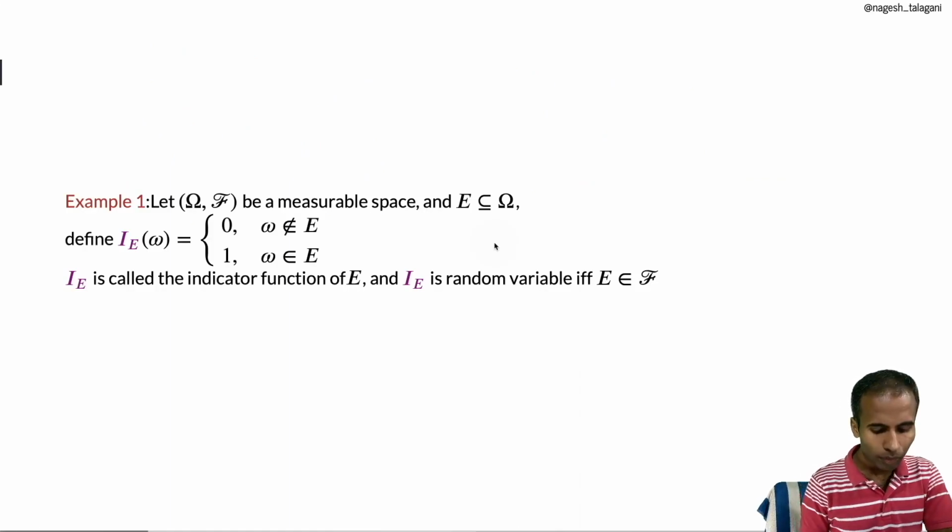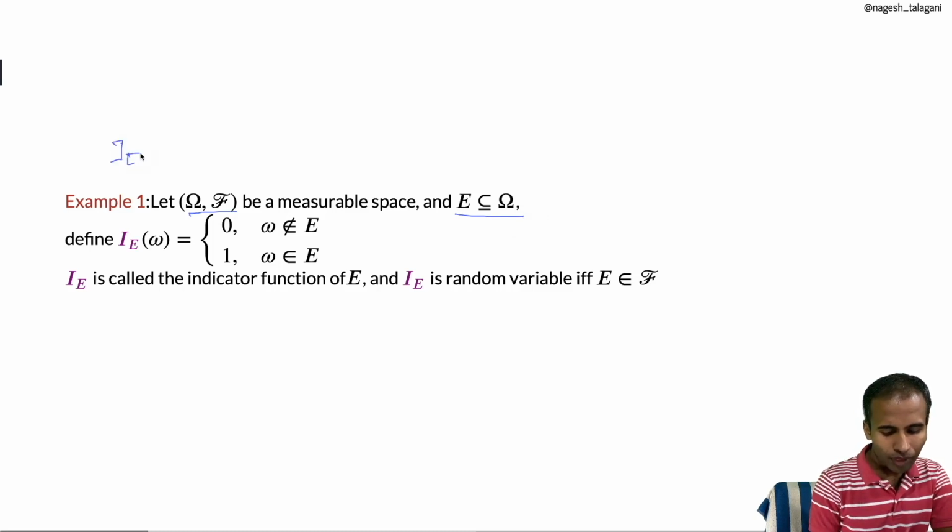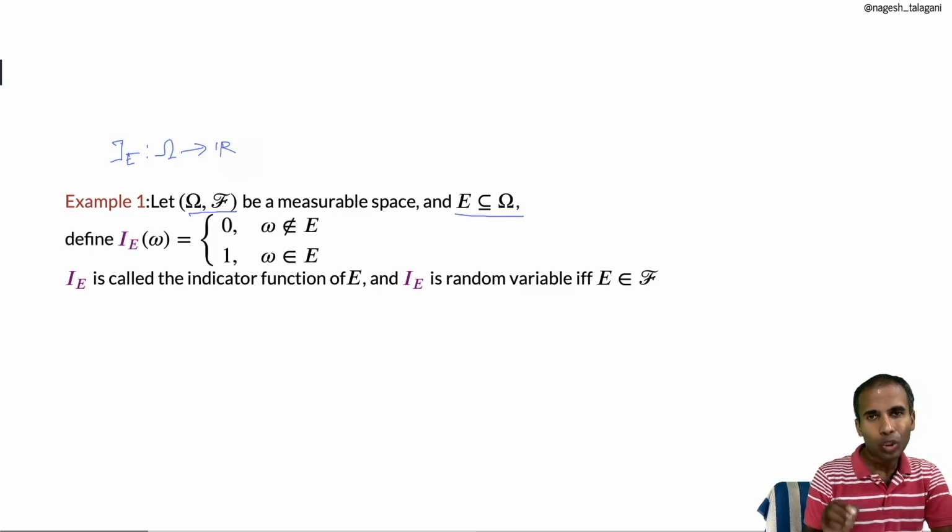Example: let omega, script F be a measurable space, that is, omega is the sample space, script F is the event space, and E is a subset of omega. Then I_E is defined like this: I sub E is a function from omega to R. It's a two-valued function. It takes only 0 or 1.